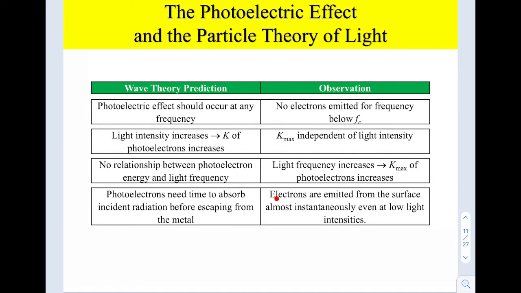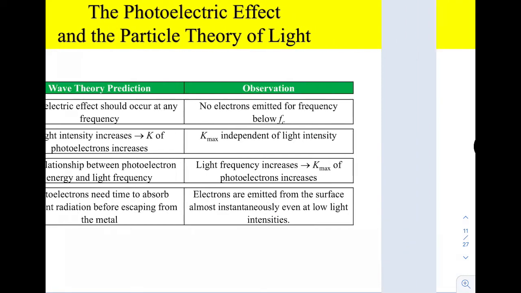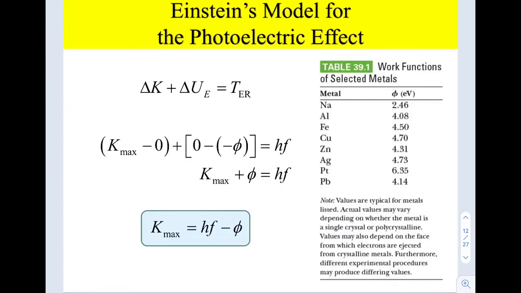However, that is not happening. So what is happening actually? Electrons are emitted from the surface almost instantaneously, even at low light intensity. It does not need a long duration to collect the energy before being ejected out of the metal.